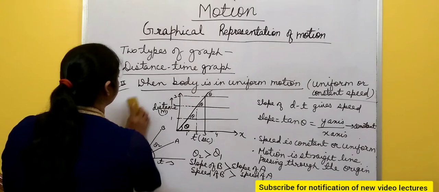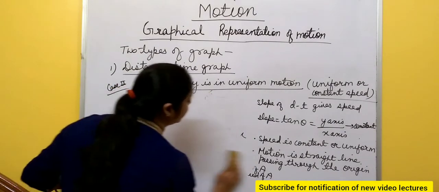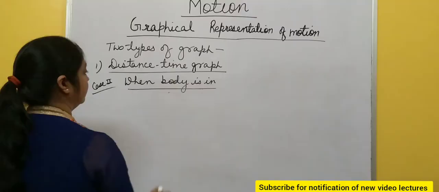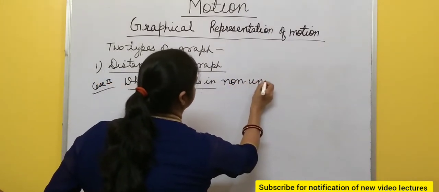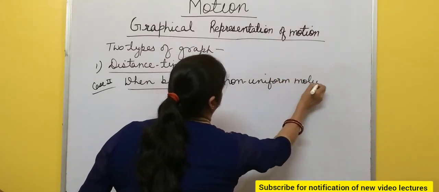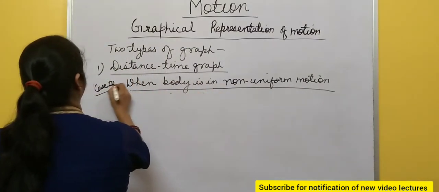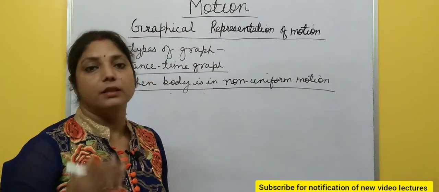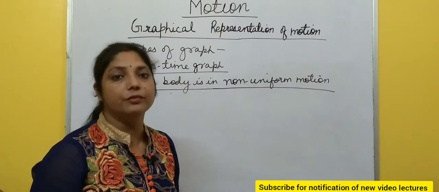Okay, now the second case, when the body is in non-uniform motion, right? Now you know that non-uniform motion means the body covers unequal distance in equal intervals of time.